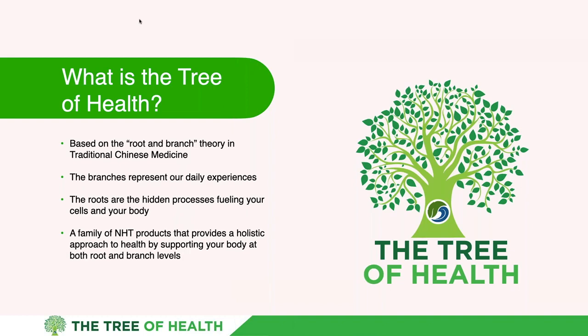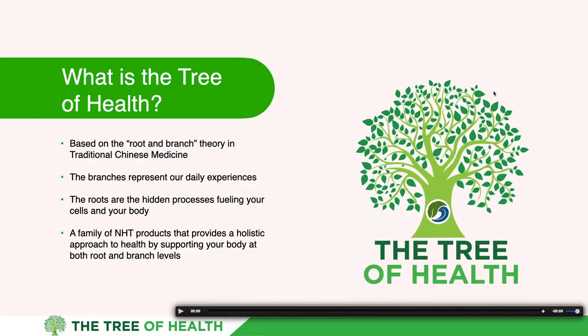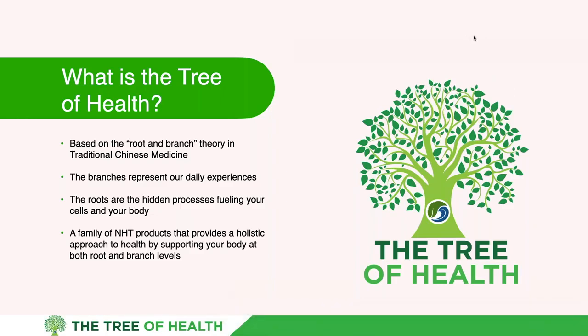And so that's how we think about our health, and with NHT, a combination of three very special products that work in different ways to support the root system of our health, and then to help bring forward positive changes in our branch system and our daily experiences, in our mood, in our physical, emotional, and spiritual aspects of our lives.